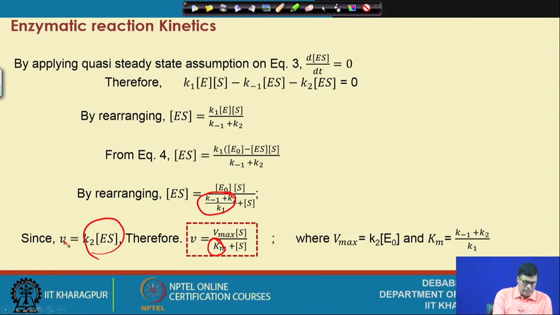So this equation can be easily written in this form, where Vmax equals k2 into E0 and Km equals k minus 1 plus k2 by k1.